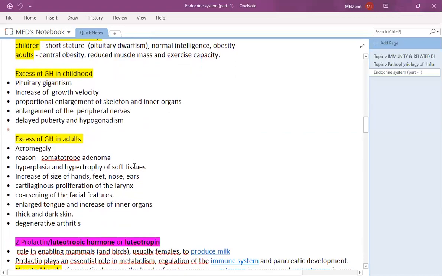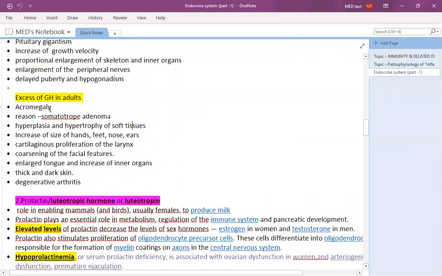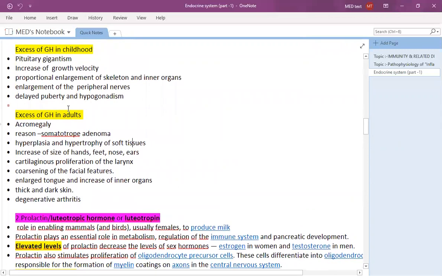All right. Now, if the growth hormone is in excess in the adults, it results in what is termed as acromegaly. Whereas in childhood, it is called as gigantism.